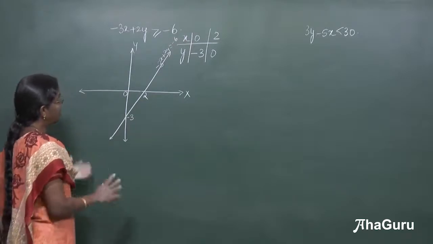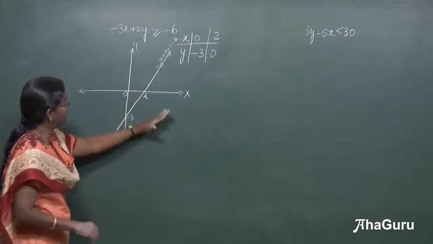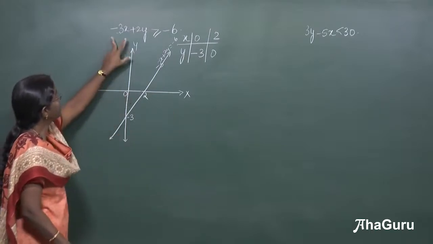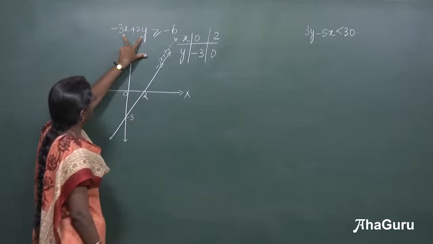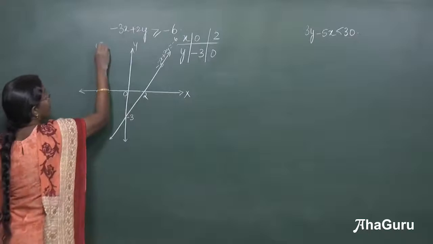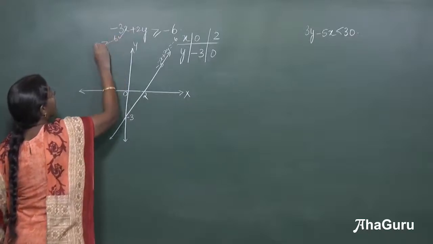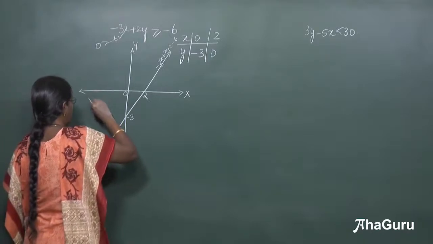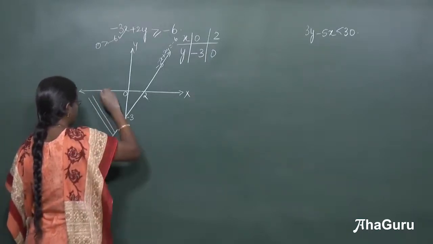Now the region will be either this side of the line or this side of the line. Substitute the origin coordinates. If you substitute the origin coordinates, what do you get here? 0 is greater than minus 6, which is true. 0 is definitely greater than minus 6. So the region will be towards the side of the origin.